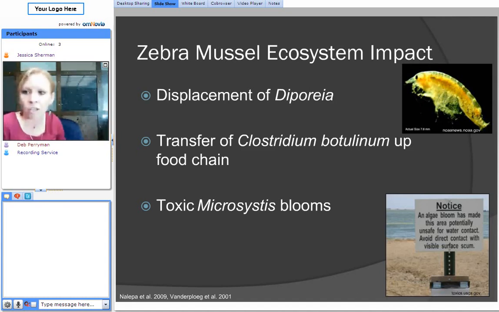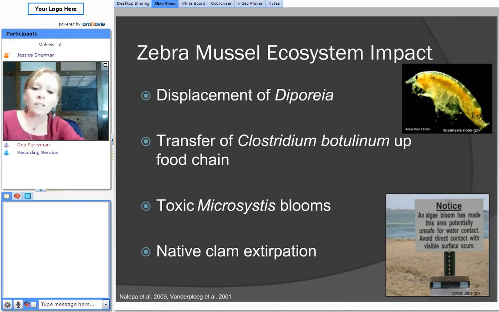That's called benthification. And so when they do this, they're clearing the water column, and by clearing the water column, they're allowing more sunlight to penetrate into the water, which will allow for more algae to bloom. And so we actually see an association between zebra mussels and these toxic algae blooms.